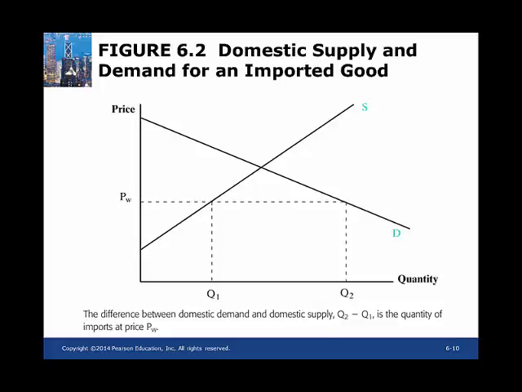You can see that at the price PW, domestic supply is Q1 and domestic demand for the good is Q2. So, the difference between Q1 and Q2 is the quantity of imports at the price PW.